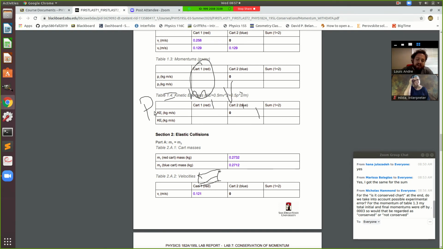If it's that close, I'd say it's conserved. Within some error, there's always going to be a little bit of error, but if the numbers are very, very close, and then you notice a pattern where they're consistently close, then you would say that it's conserved, right? You don't really know if it's a pattern yet because you're just looking at one data point essentially, but yeah, they're basically conserved.